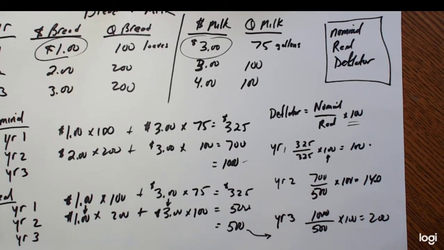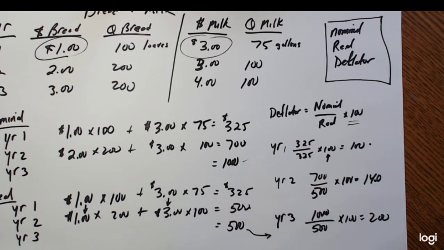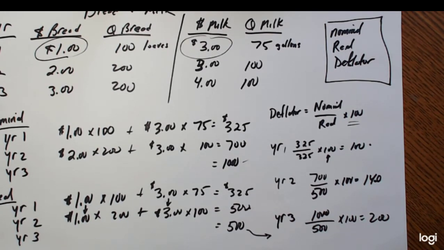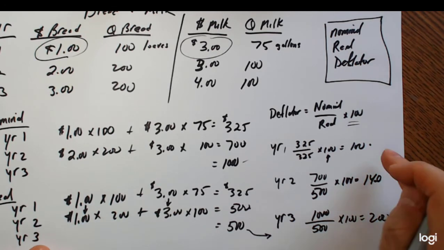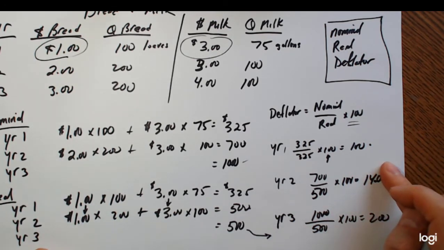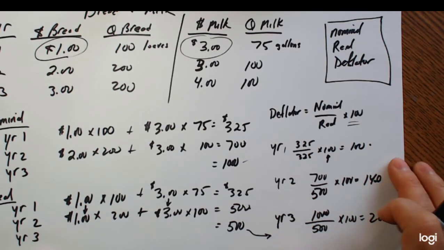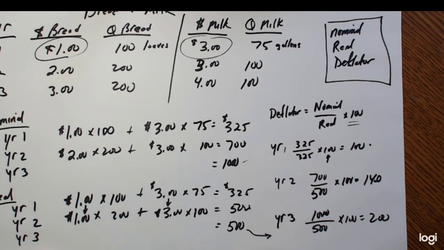And if I get my calculator out, that'll be about a 43% gain in prices here. So there's a 40% gain. These are outrageous numbers, by the way. We'd be near hyperinflation if we had these types of price increases. It's just an illustration.